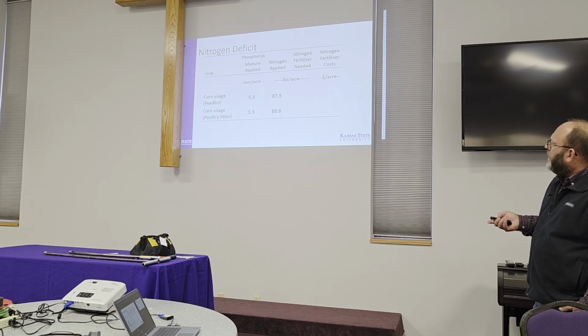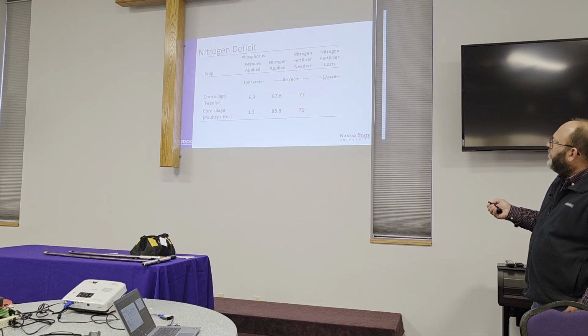And so if we look at that phosphorus-based application rate, we'll just look at the feedlot manure here. We've got that 5.3 tons. That's going to contribute about 87.5 pounds of applied nitrogen.